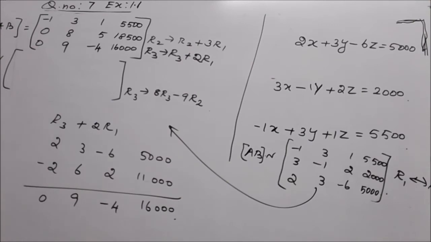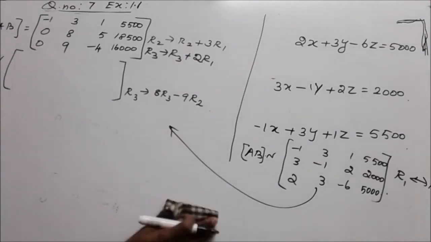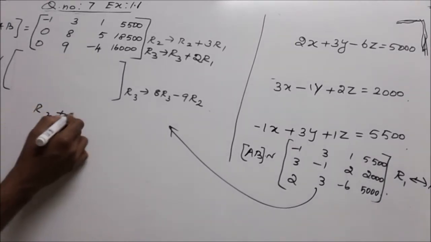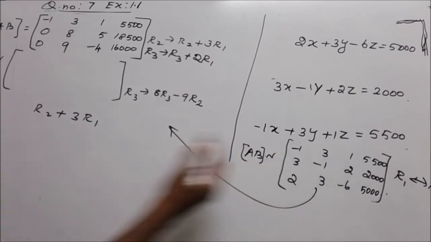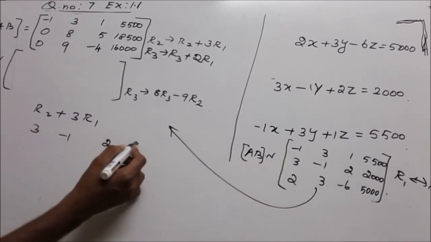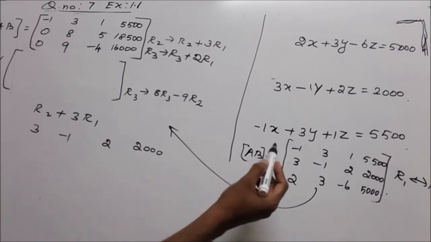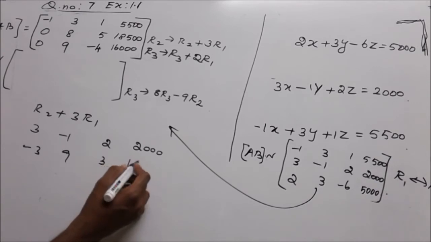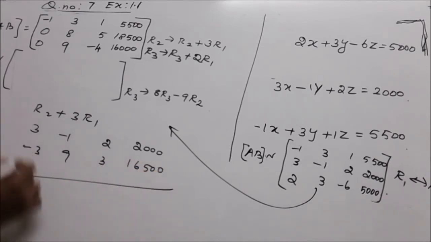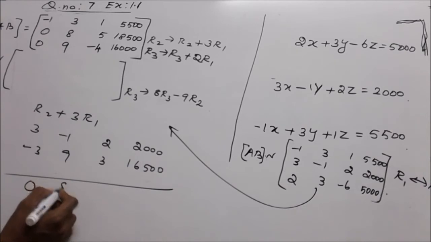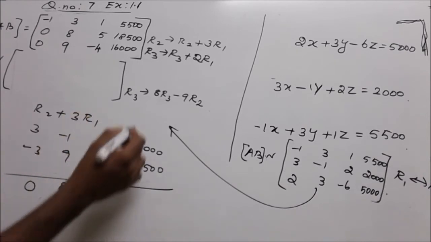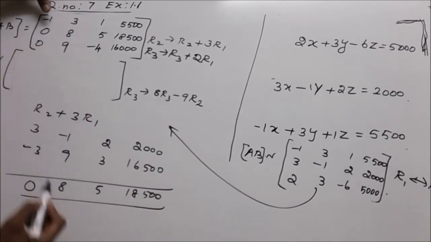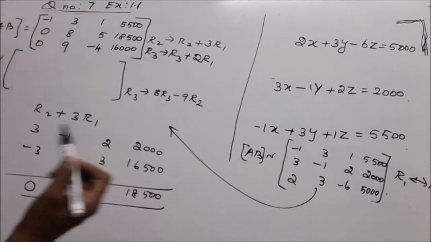In R2 we have 3 minus 1 2 2000 and multiply R1 by 3 minus 3 9 3 then 16,500. Here just add 0 and 8 then 5, here 18,500. Right, in the second row, 0 8 5 18,500.